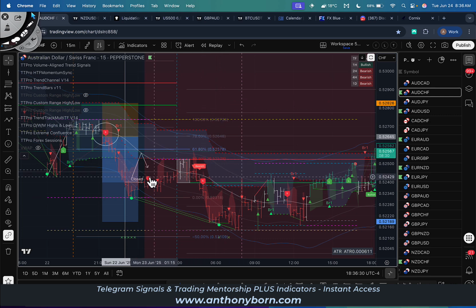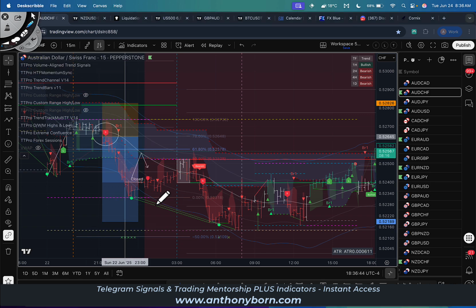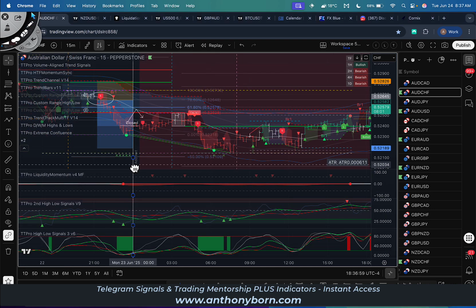Now you could have followed through. I ended up closing this one. In fact, I closed all 4 of my trades as the Asian session progressed. See the green dot down here? There's a reason for closing at 1, and this is the second reason, these crosses. There's other reasons as well. I can quickly show you that. Right there, that, and these green.